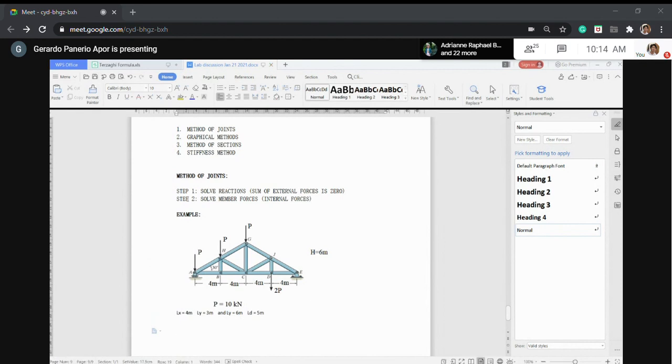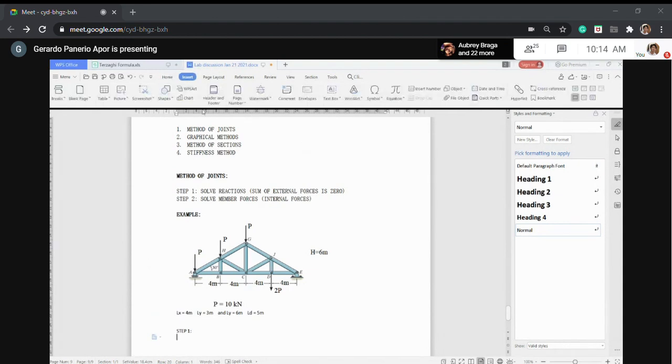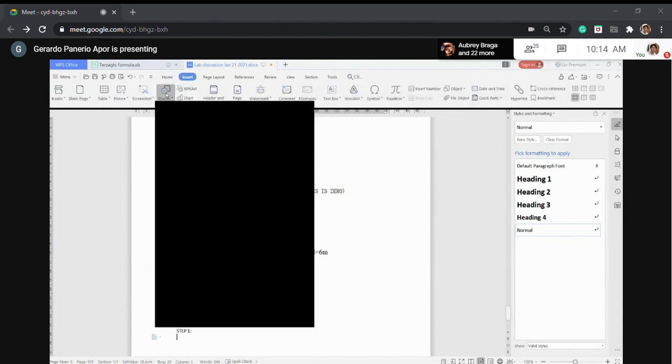Now, using step 1, we can actually solve. I will insert here an arrow shape.